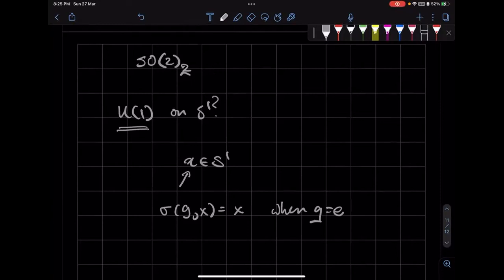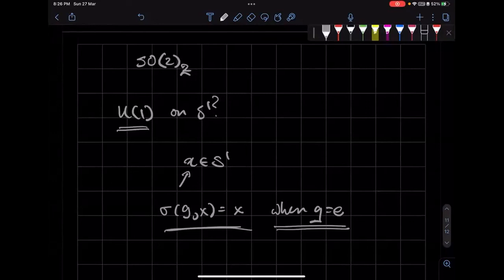I don't think I got this part. Doesn't SO(2) Z have fixed points at the north and south pole? Yes, it does. Yes, but it also has that action on the other points, which does not satisfy this relationship, right? It has to satisfy it for all X, they have to be fixed for it to count as effective. Yeah, it has to be like this and only for this.